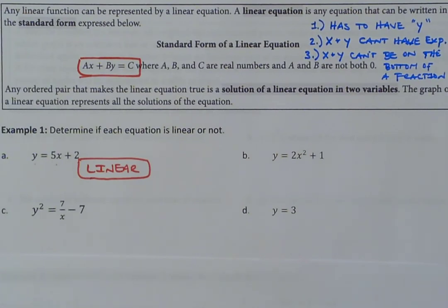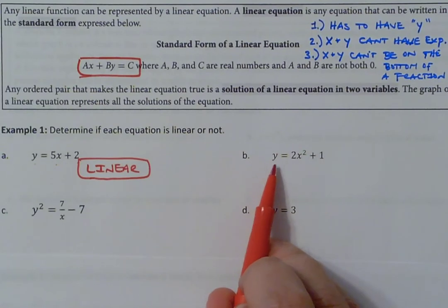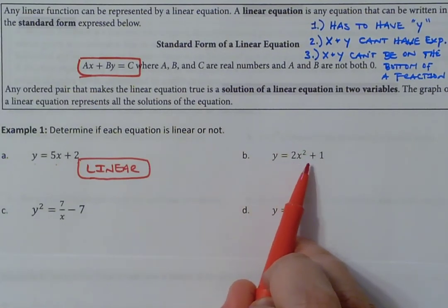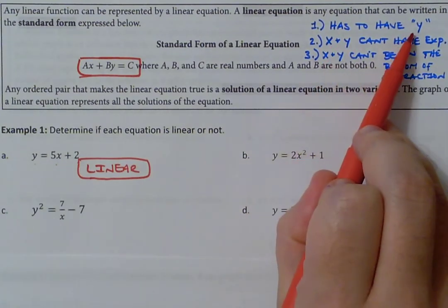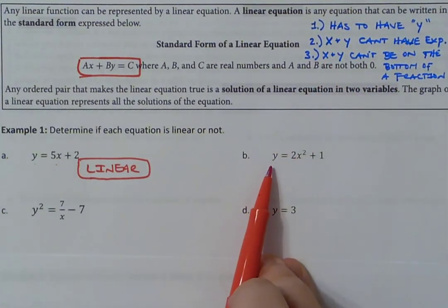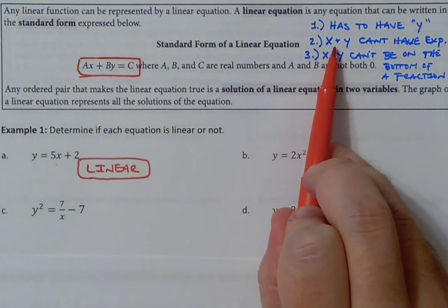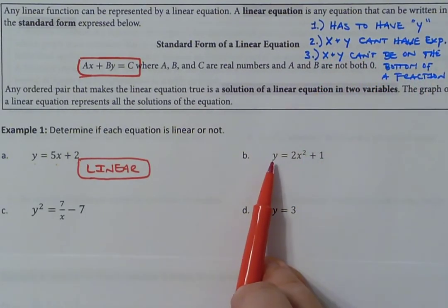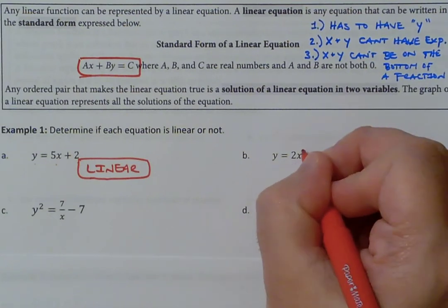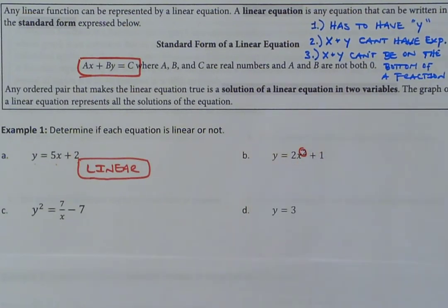Now, if we look at B, for B we have y equals 2x to the power of 2 plus 1. So, does my equation have a y? It does. If x and y are involved, they cannot have an exponent. Y does not have an exponent, but x does have an exponent to the power of 2.